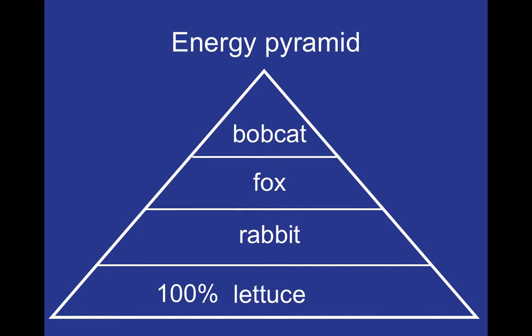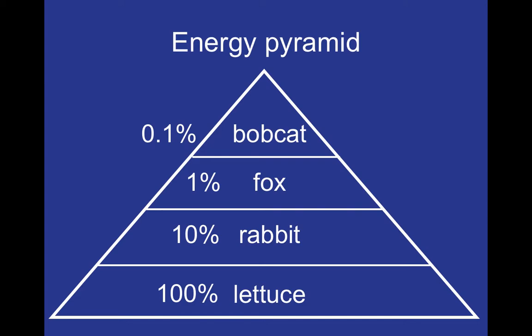So we consider the producers at 100%. It transfers up 10% to the rabbit. The rabbit then transfers up 10% of the 10%, so overall that is 1% of the original energy gets transferred to the fox, and then 0.1% of the original energy gets transferred up to the bobcat.